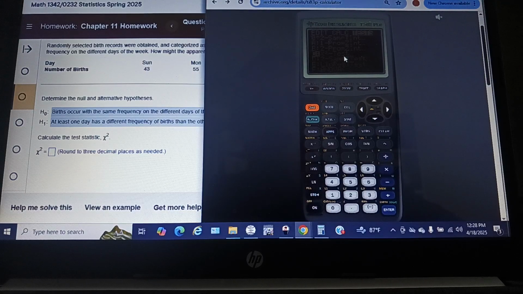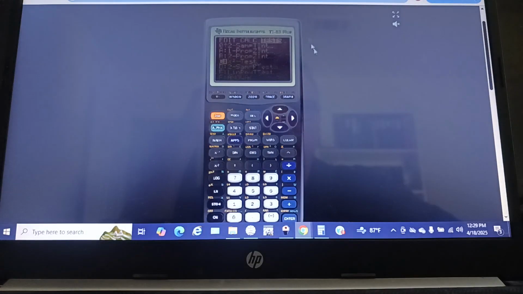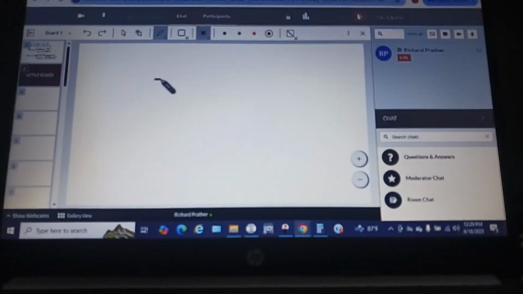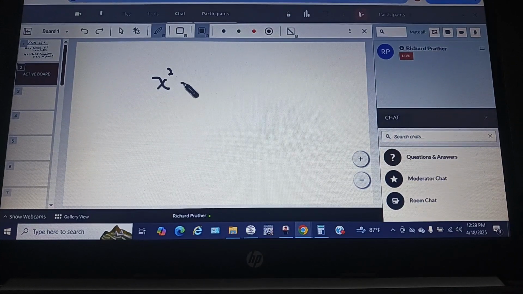Some of the newer calculators have one right below this that says chi-square GOF test. You may have that, because I'm guessing your calculator is probably not 10 years old. So if you have the chi-square GOF test built into the calculator, you'll see chi-square test, and literally right below it, chi-square GOF test.